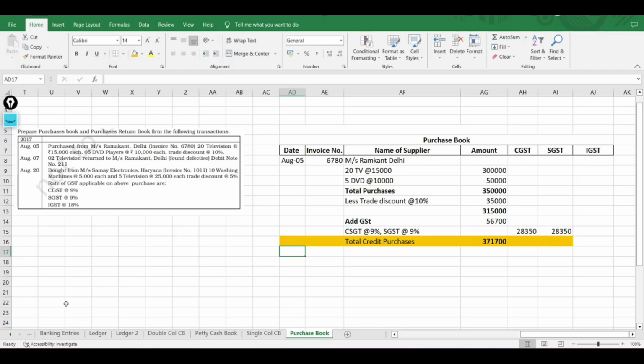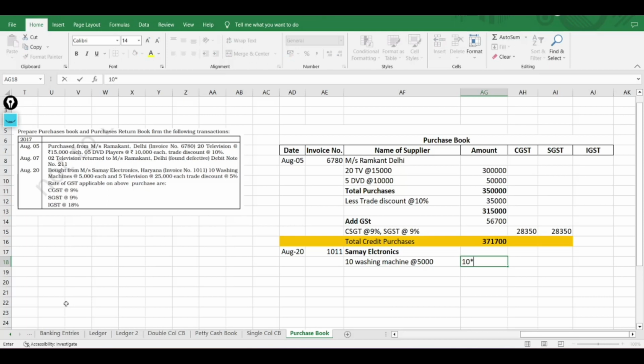20th August. Invoice number 1011. Samay Electronics. For rupees, what have we purchased from them? 10 washing machines at 5,000 each.